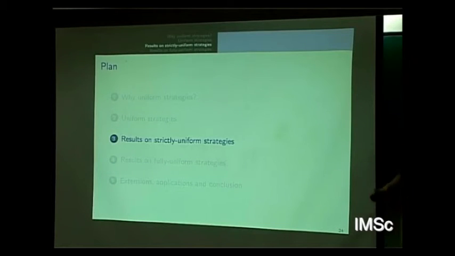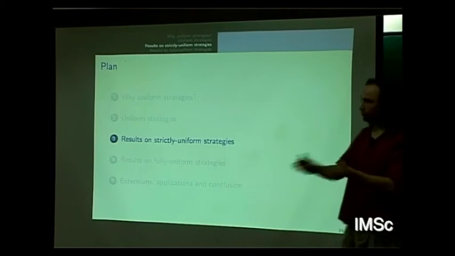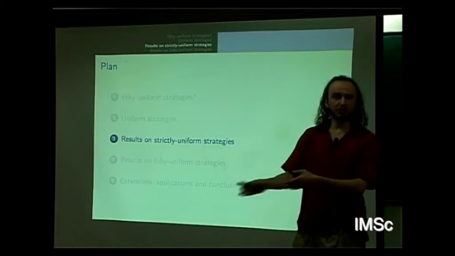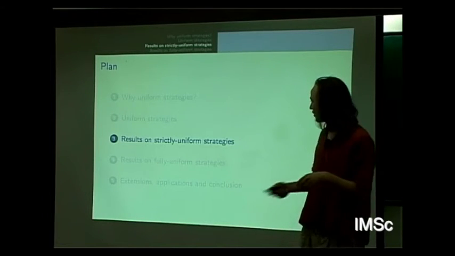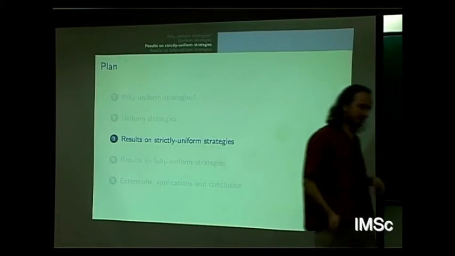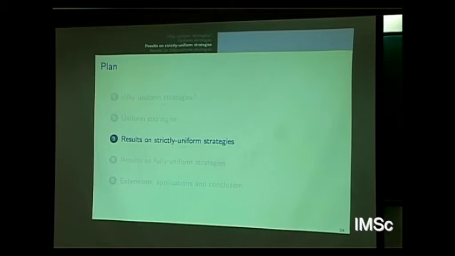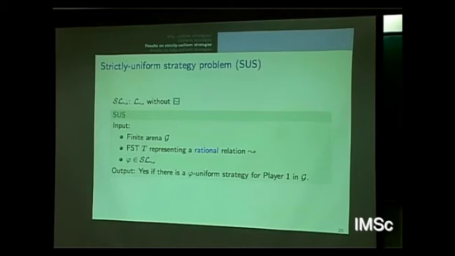So we split the cases of strict quantifier and full quantifier because they don't have the same properties and you need to develop different techniques to deal with them. I start with uniformity properties that only use the strict quantifier and do not use the full quantifier.